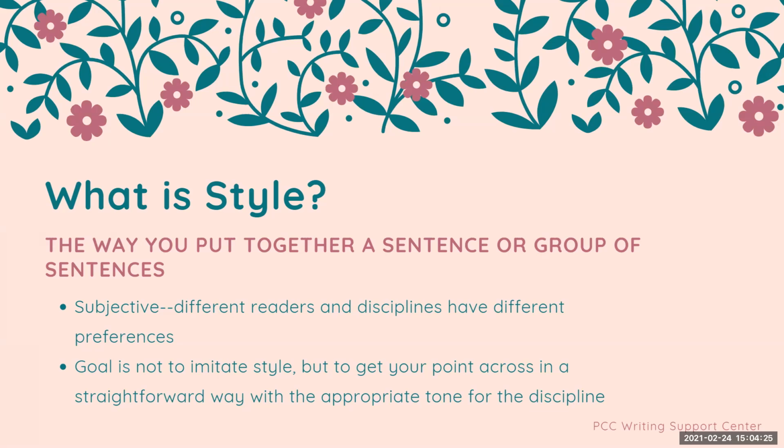Whereas when you write for something like English or literature, you might be encouraged to use longer, more flowery sentences. So it's very subjective, and you are going to be asked to change your style depending on the discipline that you are in. And also, different instructors have different interpretations of what they determine as good style.